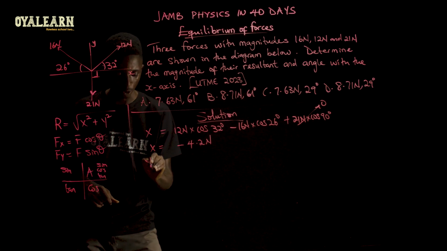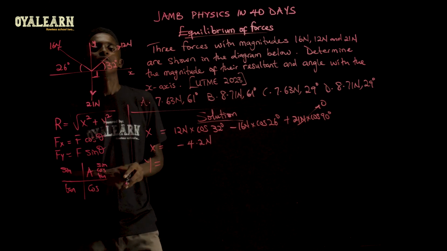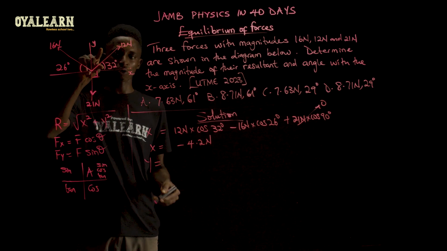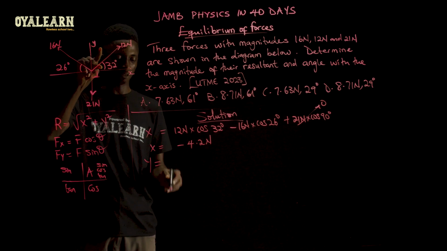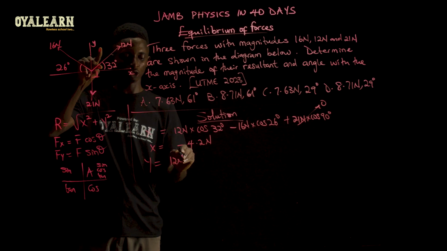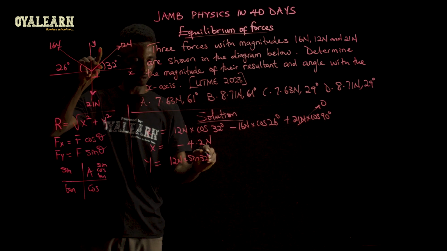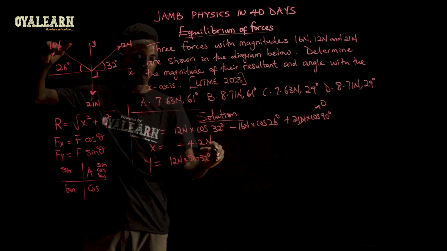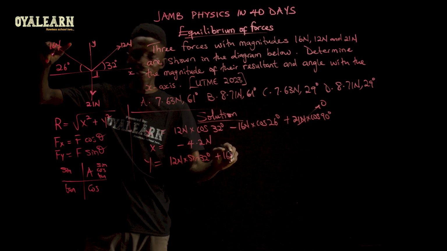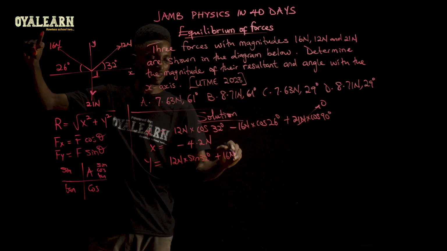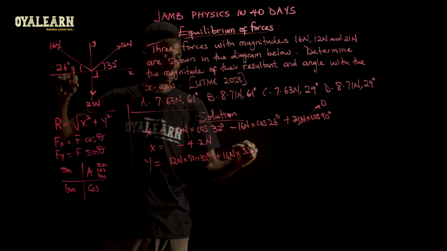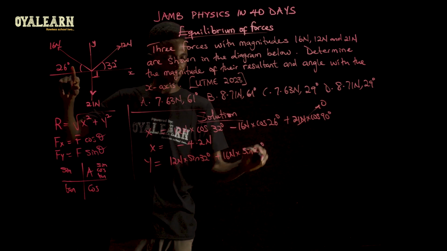Now, let's find the y component. For the y component, starting with this, all is still positive in the first quadrant, so even though we are using sine, it will be positive. So that is 12 newtons multiplied by sine 32 degrees. In the second quadrant, sine is still positive, so plus 16 newtons multiplied by sine 26 degrees.